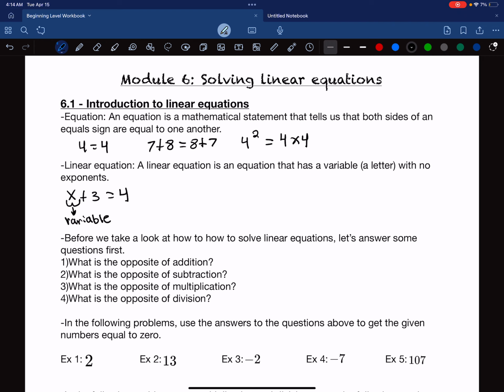Any letters that you see in math are called variables. This whole side of the equation is called an expression. And this whole thing as a whole, because there's an equal sign, creates a linear equation.